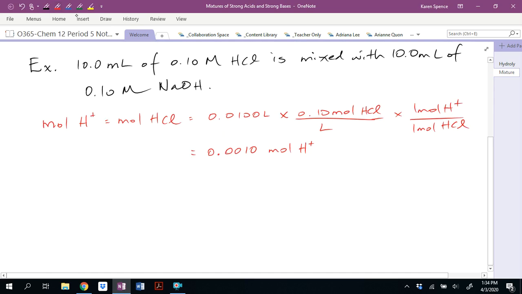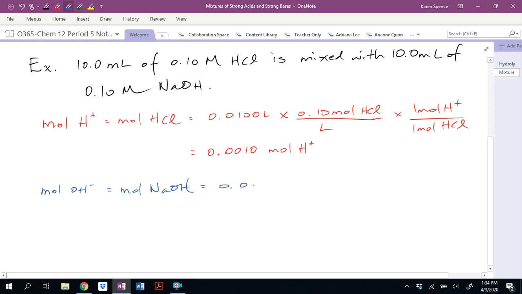Second thing we're going to do is we're going to find the moles of OH-. Okay, so that's going to be equal to the moles of NaOH because there's 1 for 1.